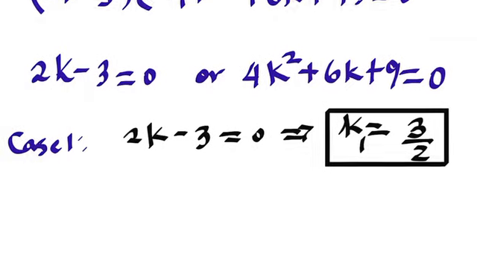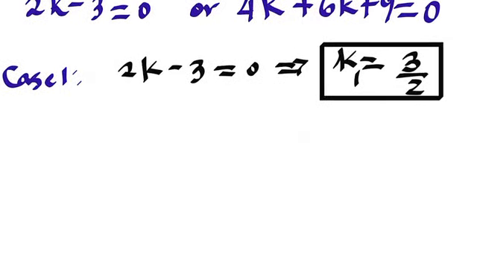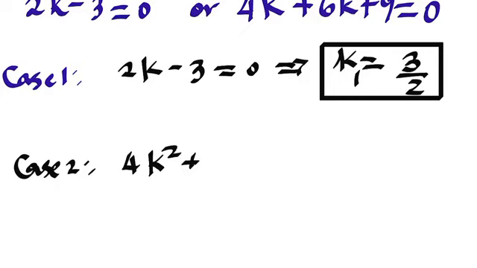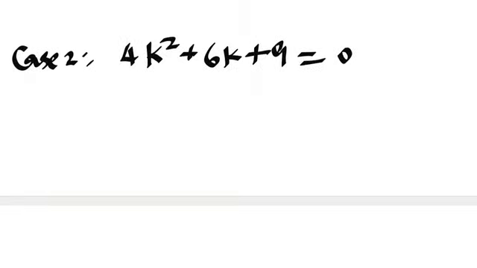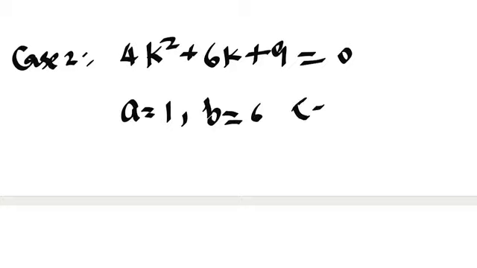Now, moving on to case 2, which is 4k squared plus 6k plus 9 equals 0. So we're going to compare this with the equation of a quadratic. A will be 4, B will be 6, and C will be 9.